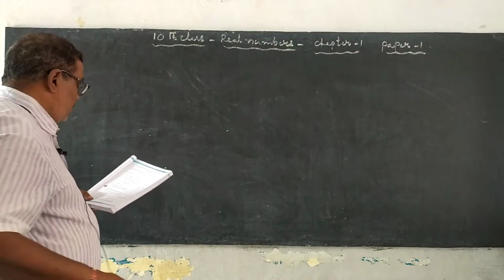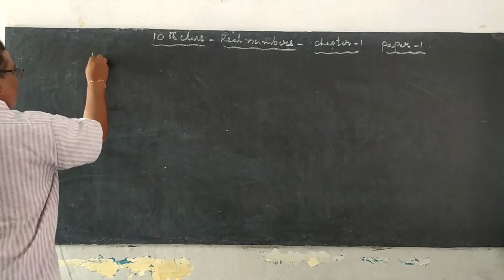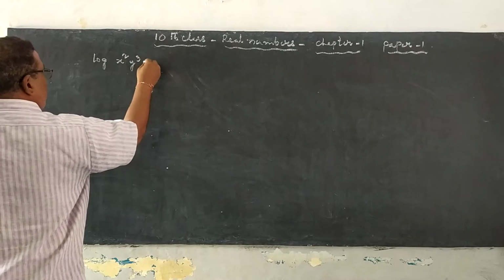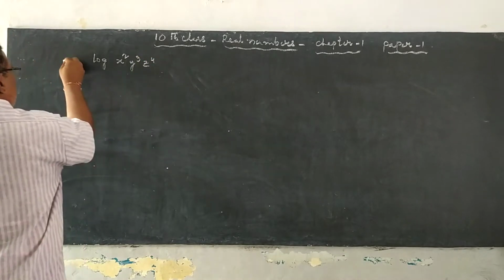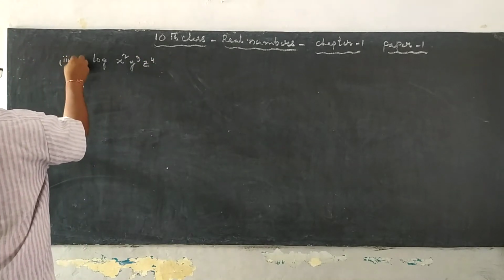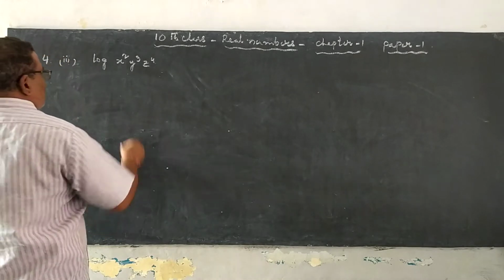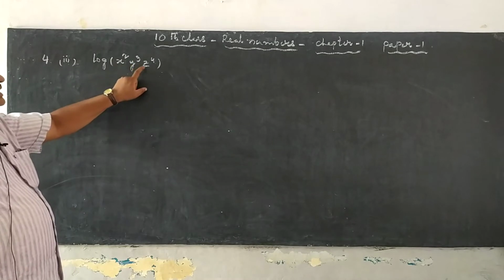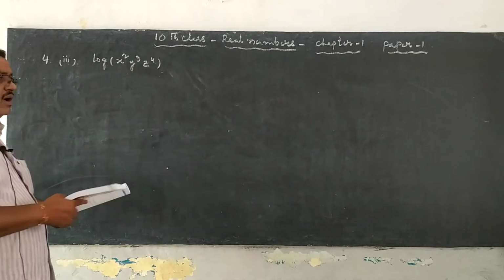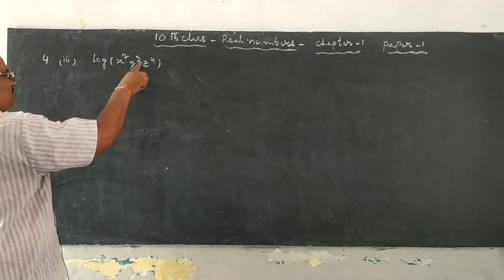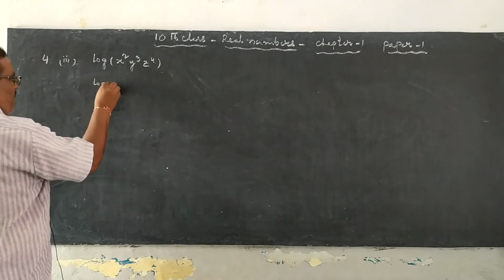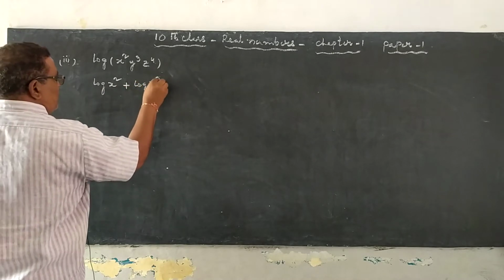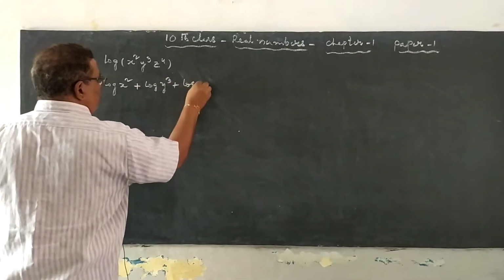Log x square y cube z power 4. This is the third problem in the fourth exercise. So what formula do we use? The log ABC formula: log A plus log B plus log C, which gives log x square plus log y cube plus log z power 4.